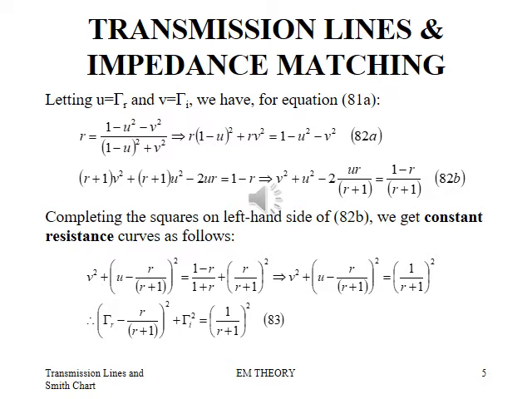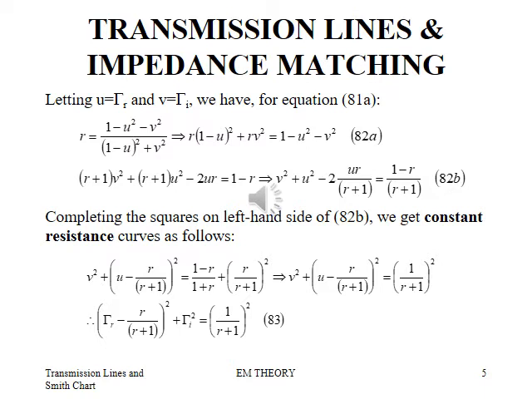And that is what we have done there. And therefore, if you add (1 minus r) over (1 plus r) to (r over r plus 1) squared, that gives us (1 over r plus 1) squared. And therefore, you have v squared plus (u minus r over r plus 1) all squared is equal to (1 over r plus 1) squared.